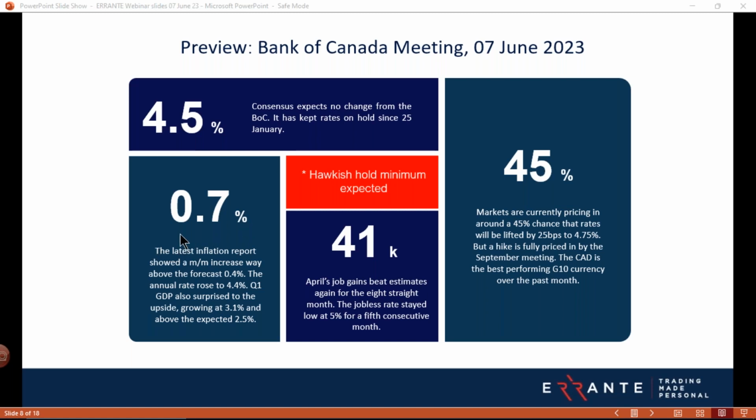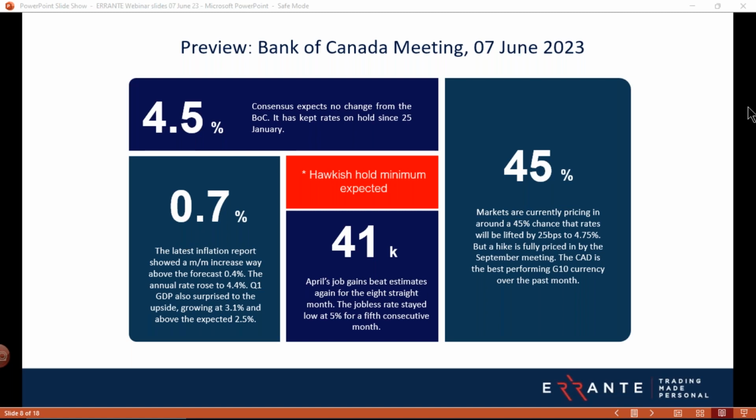Also interesting, we think developments in the US may play an important role for the Bank of Canada. If we get these jitters in the US economic outlook, with that ISM services report adding to those fears, potentially slowing the Fed after this potential pause, then if we get more weak data, that will potentially have an impact on the Bank of Canada going forward.